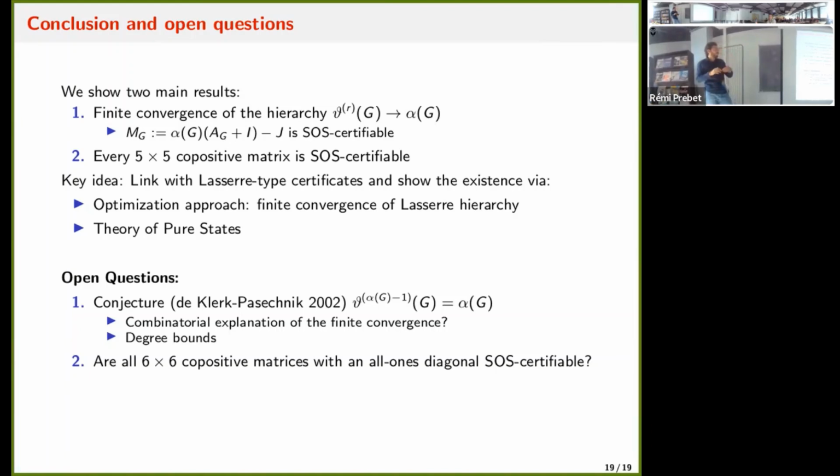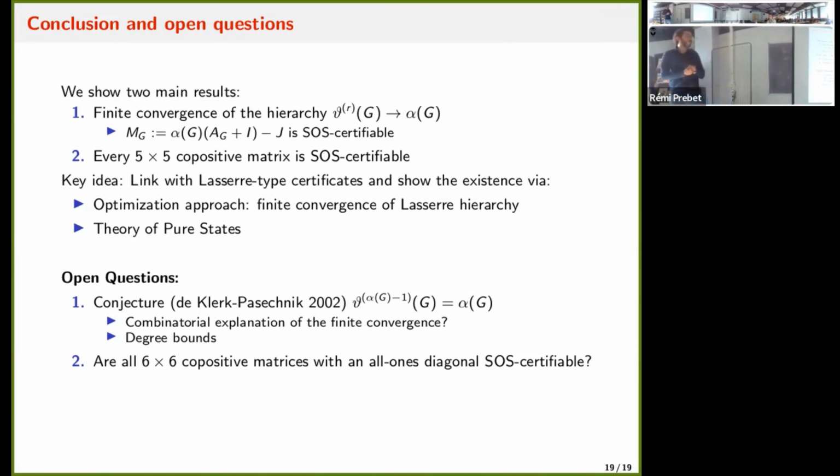So it would be nice to understand for which graphs we have convergence at r equals 0, r equals 1, r equals 2. So there's something more combinatorial here. And also degree bounds for these results. And the second question, related to the copositive matrices, is: are all 6 by 6 copositive matrices with an all-one diagonal SOS certifiable?